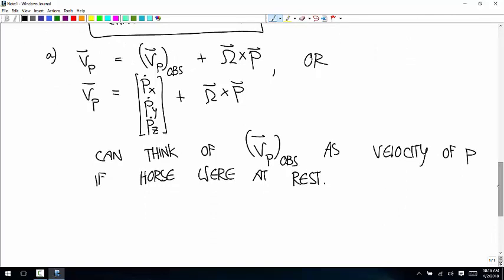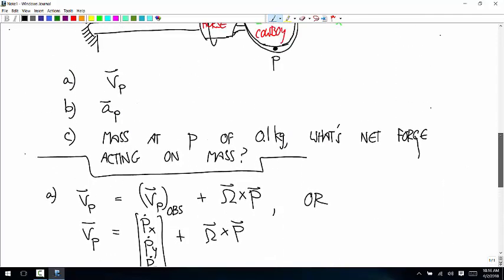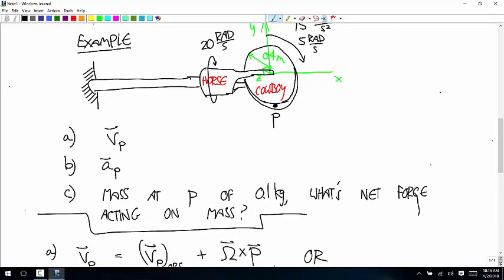Is there any use for taking time derivatives of the observed positions? No, that would be useful in the case that we have the position vector represented as a function of time. We don't. And so we're going to think of it this way. We're just imagining that this isn't spinning at all. There's no 20 radians per second. And we're just sitting right here watching this point P go in circular motion around the origin.